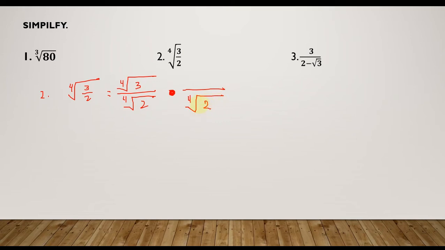The only twist here is that the exponent should be the same as the index. We have index 4, and I have an exponent 1 on the 2. We need an exponent which is the same as 4. Thinking of a number that can be added to 1 so I can achieve 4, that is 3.